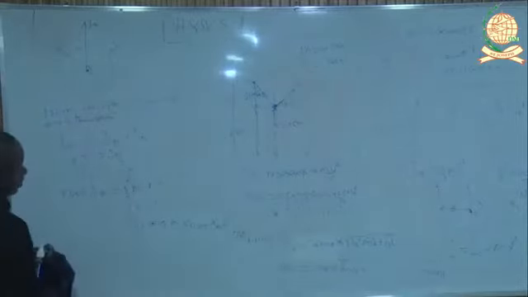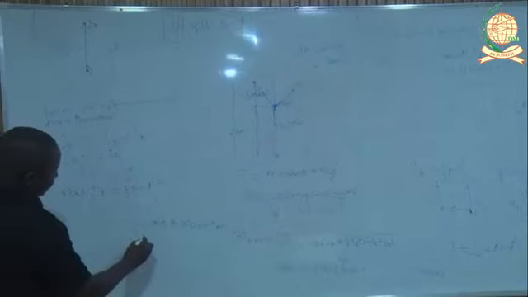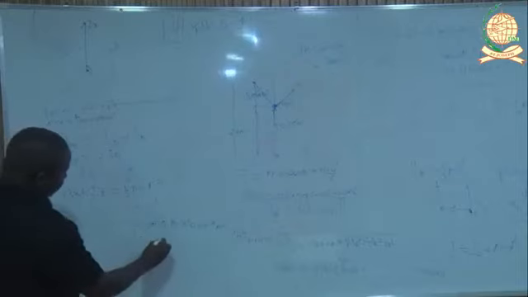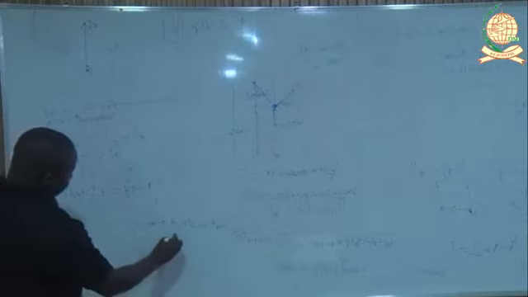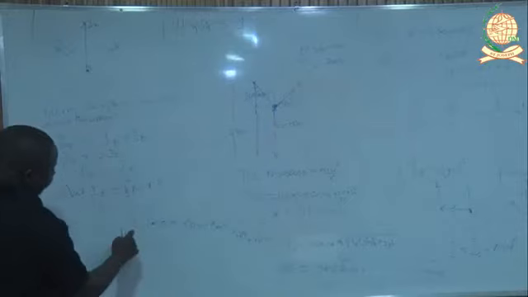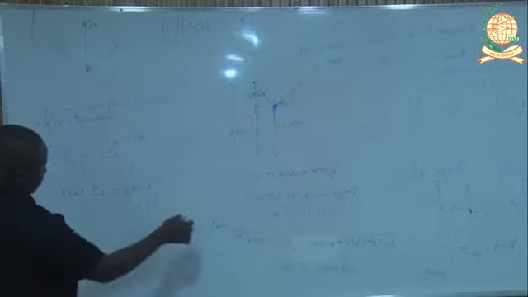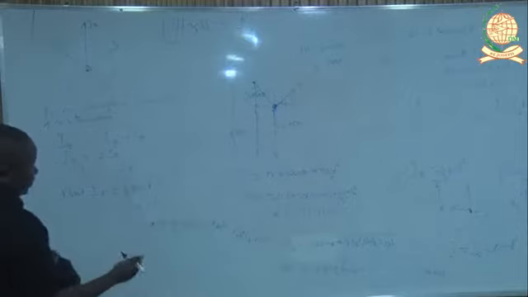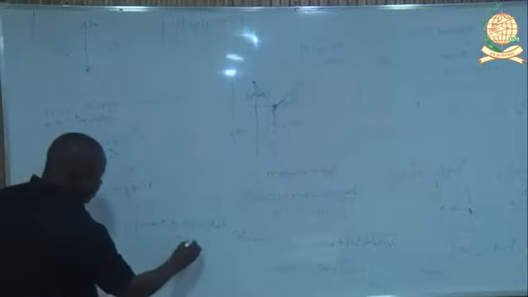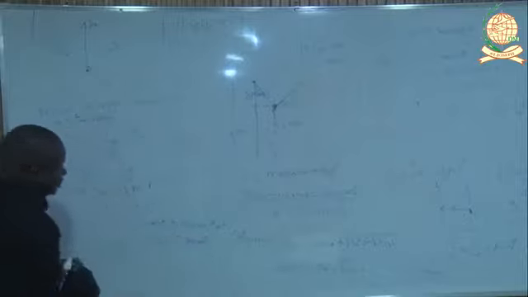So this will be equal to 2.5 times 10 exponent minus 5 kilogram meter squared.